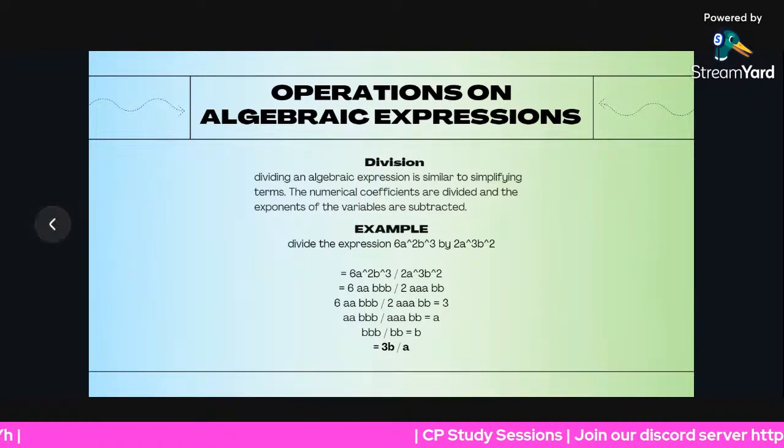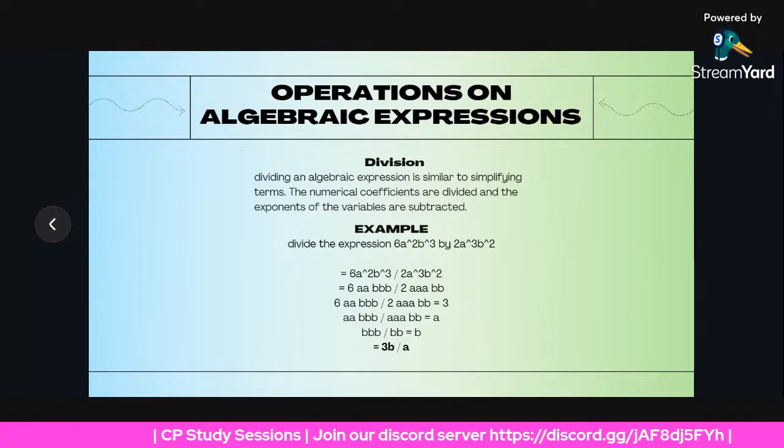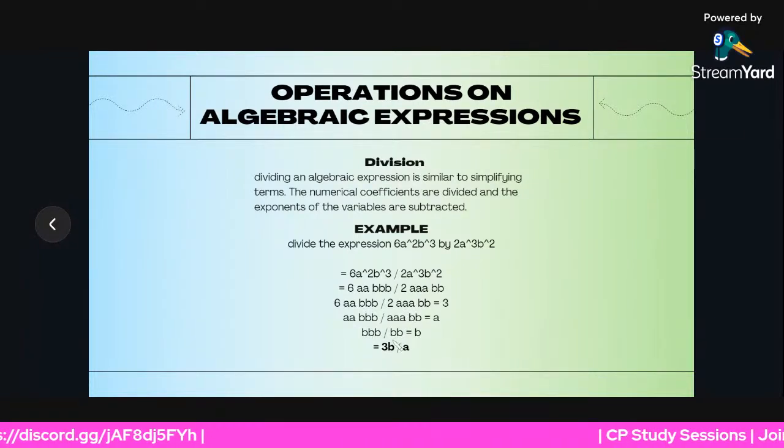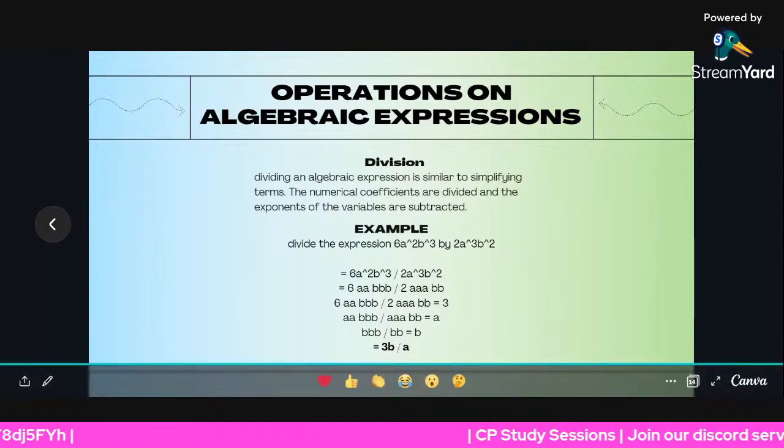So, since ang 6 mo is nasa left side, yung 3, which is yung quotient after natin ipag-divide yung 6 and 2, mapupunta siya sa left side since yun yung natira sa 6.